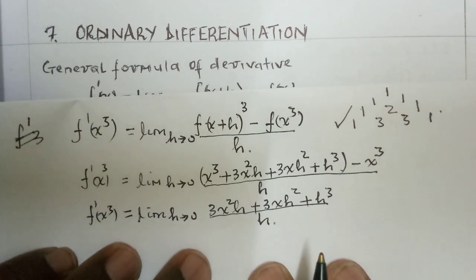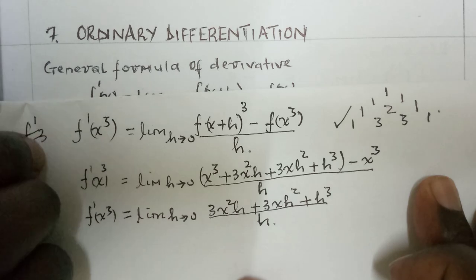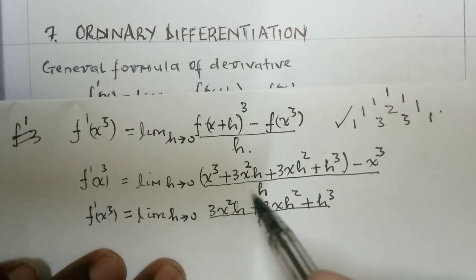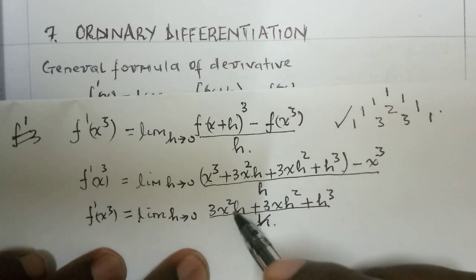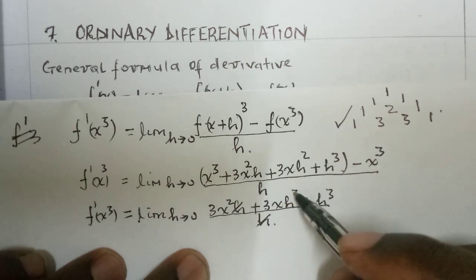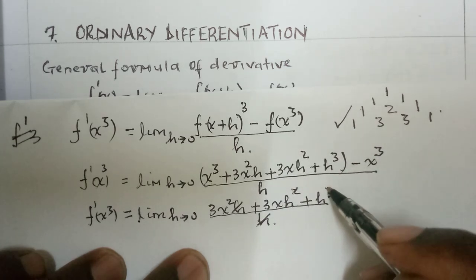Now we can cancel the h's here. We cancel that h, we cancel this one, and we also cancel one of them, so we remain with h to the power 1, and here we remain with h squared.